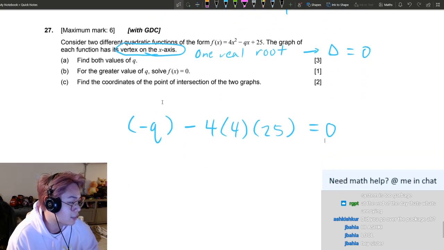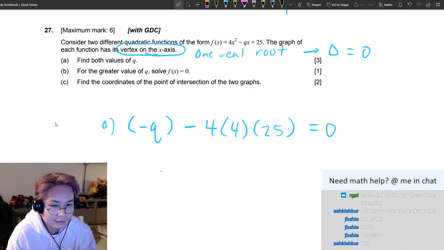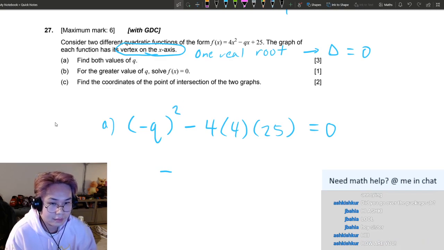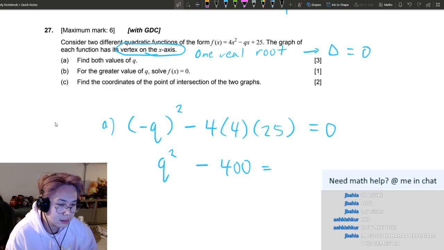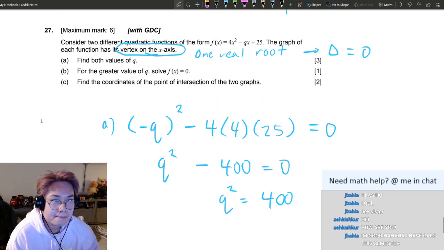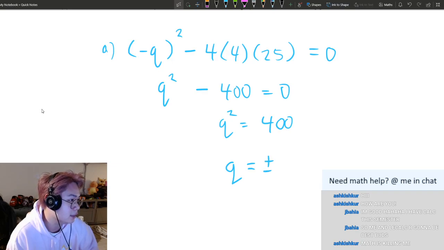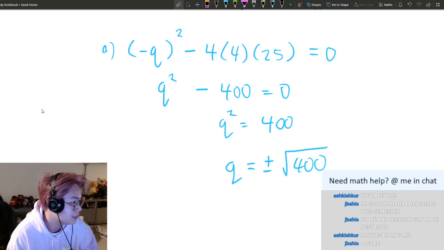I'm on question 27 of the package. So here we are. And then to find out what q is, we know that there's two values. They tell you it's the square root of 400 plus or minus.